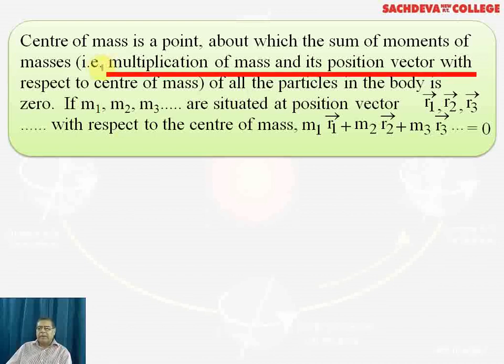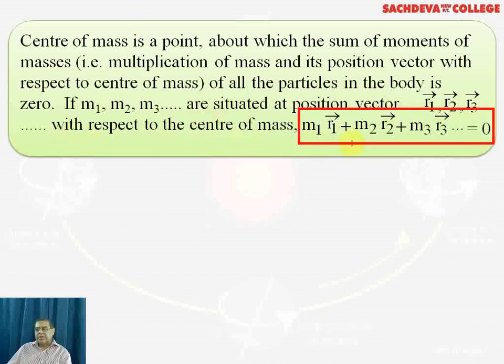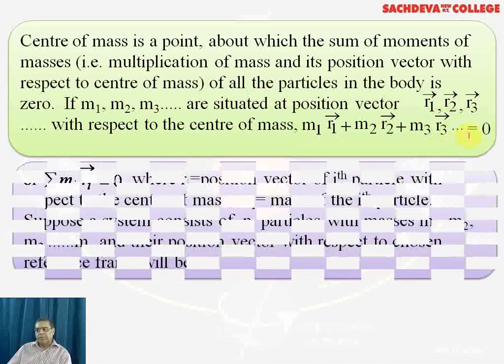So the multiplication of mass and its position vector with respect to the center of mass, for all the particles in the body, sums to 0. Assume masses m1, m2, m3 and position vectors r1, r2, r3 with respect to the center of mass. Then m1r1 + m2r2 + m3r3, their sum, becomes equal to 0.